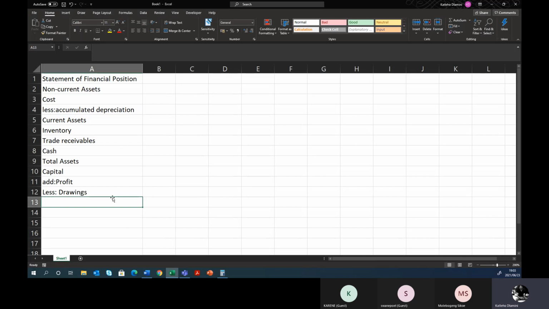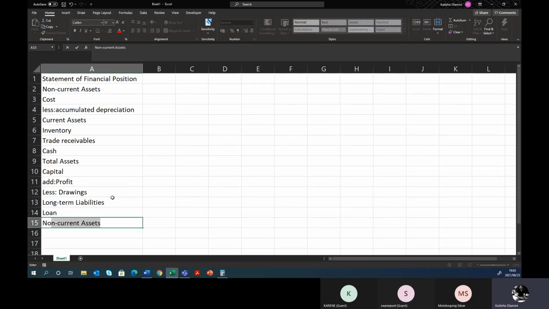Fine, and then we have long-term liabilities. Loan or your mortgage loan, and then you have, wait. When it says long-term liabilities, I have no idea why they don't just say non-current liabilities, and I don't know how they would mark it based on that.